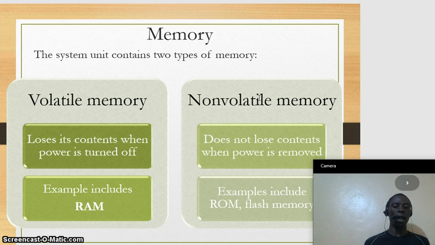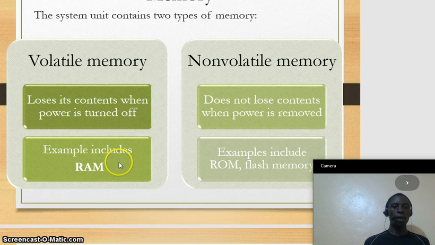It is the RAM, the random access memory. It stores information temporarily. In other words, it loses its information when the computer is turned off, or when power goes off. Then we have the non-volatile memory, which is the ROM.